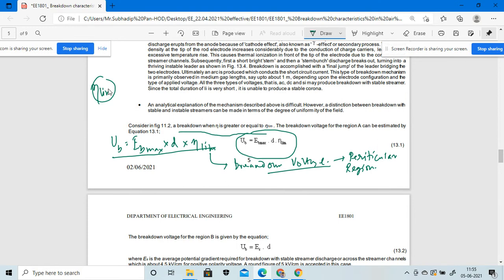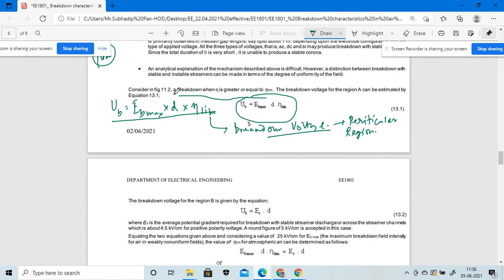So if we have a breakdown voltage, and we consider another region, say region B, and the previous region is considered region A, then in region B the equation should be U_B equals E_B into d.